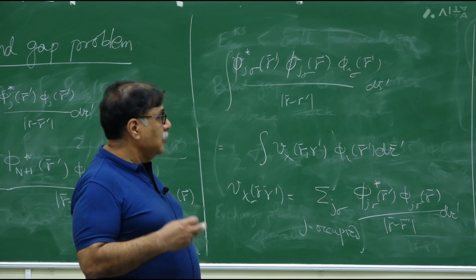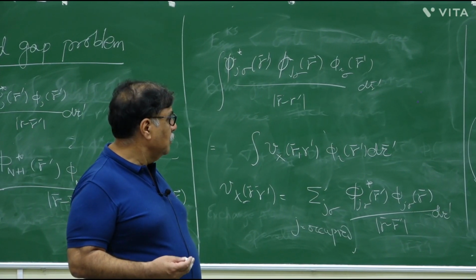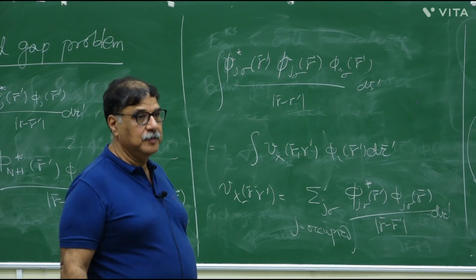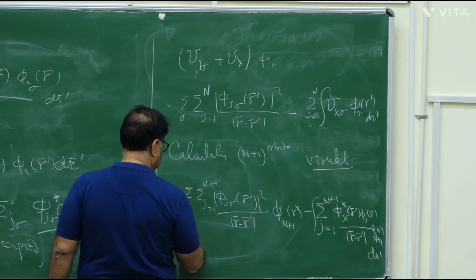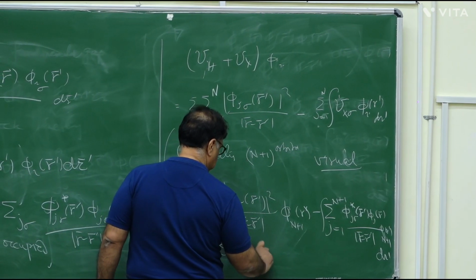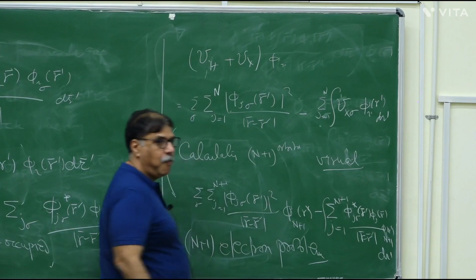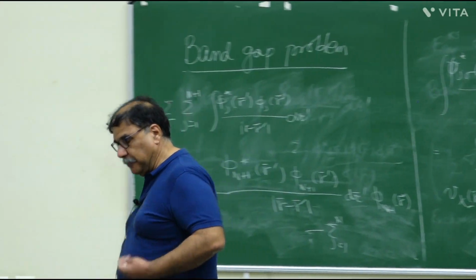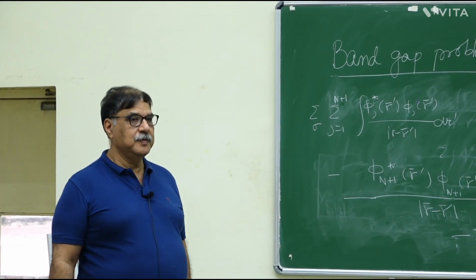That is the potential action of Hartree-Fock, Hartree plus exchange term on the n plus 1 virtual orbital. So this is like you're solving an n plus 1 electron problem. So even if you are calculating a virtual orbital, which is the n plus 1th orbital, you are still doing an n plus 1 electron problem.